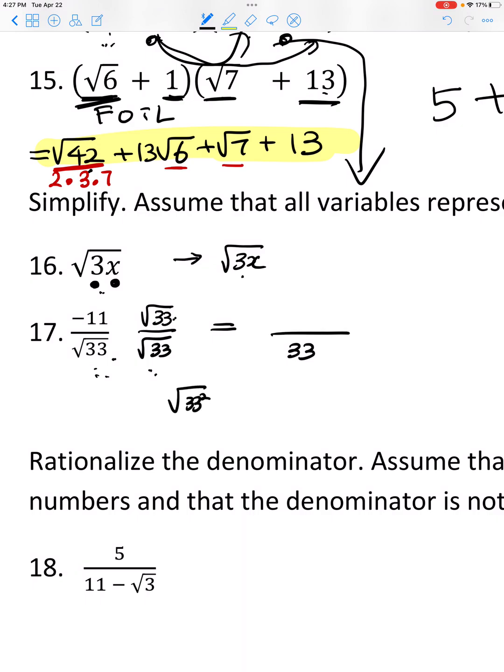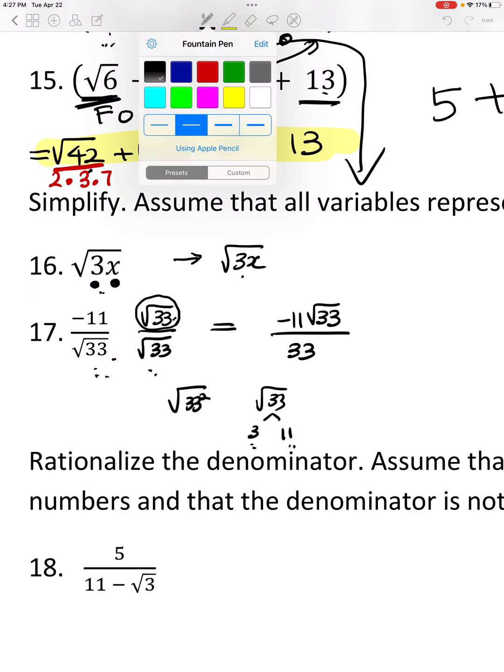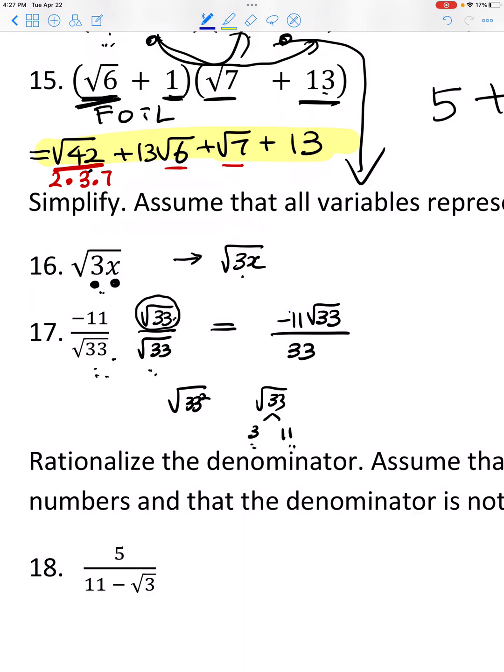And 33 itself is 3 times 11, and those are prime. None of them is repeated. So you leave radical 33 in the original format because that's a simplified form. However, I can simplify the top 11 and 33, which is 1 and 3. So your final answer is radical 3 over 3.